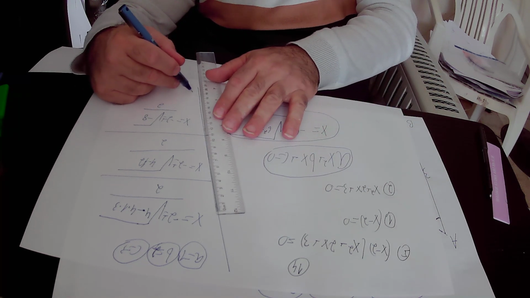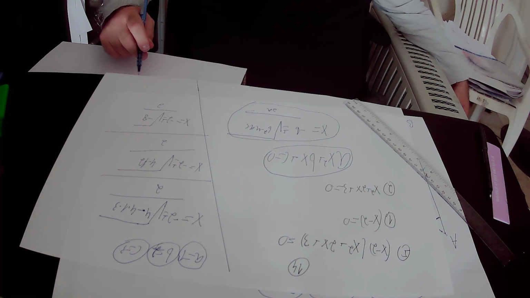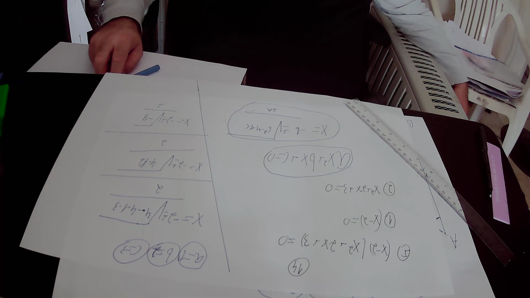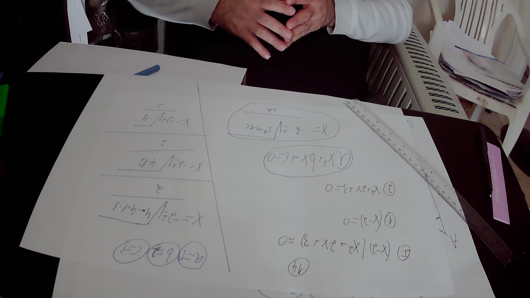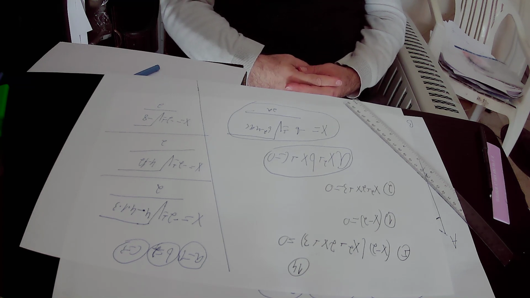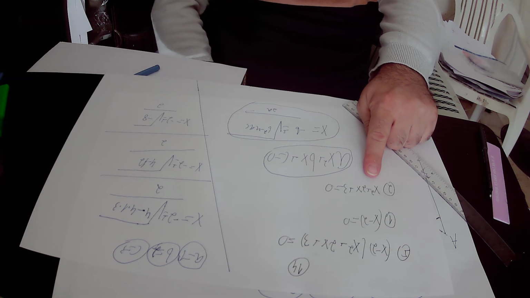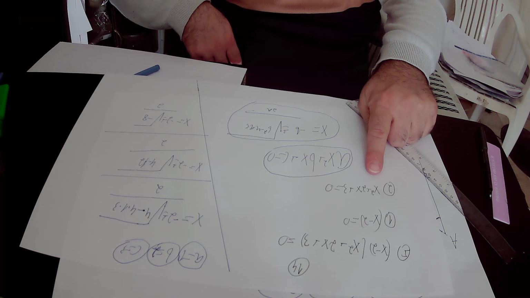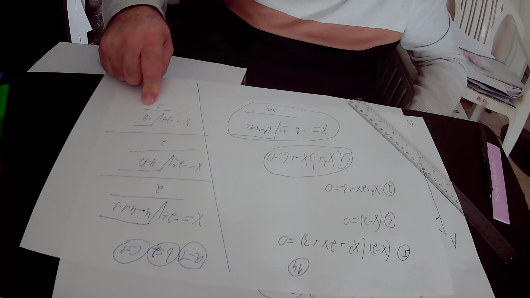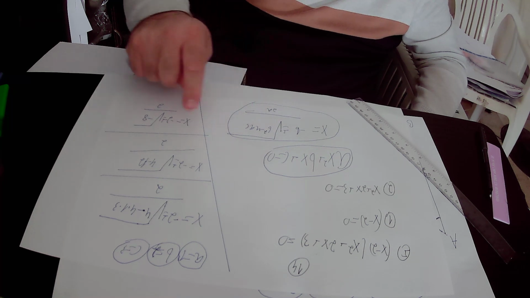So here we have minus 8 inside the root, and because minus 8 is a negative number and a negative number doesn't have a root, therefore we can conclude that this quadratic equation doesn't have a solution, because while trying to solve it, we get stuck here.